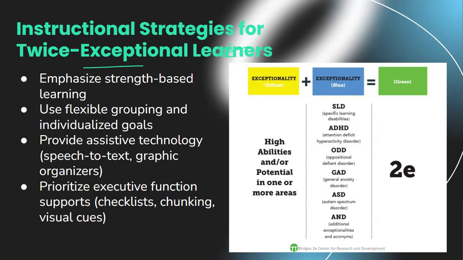For example, when we are considering gifted plus autism spectrum disorder, really be thoughtful and purposeful depending on how that 2E student expresses learning, and expresses social and emotional needs.